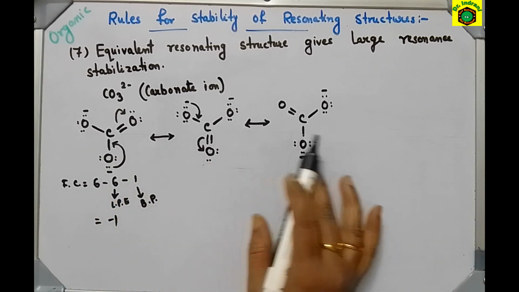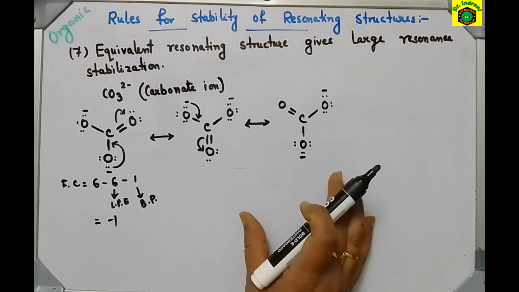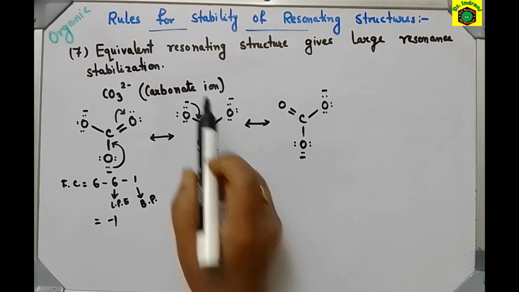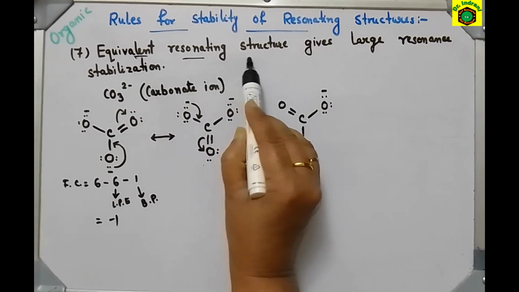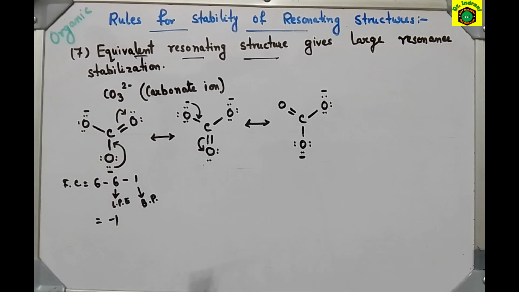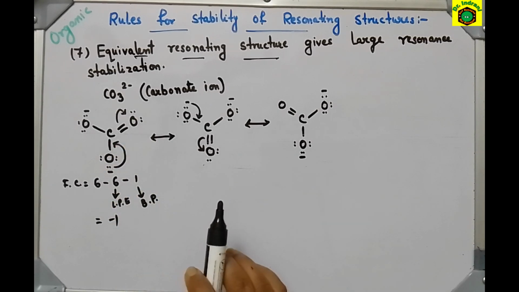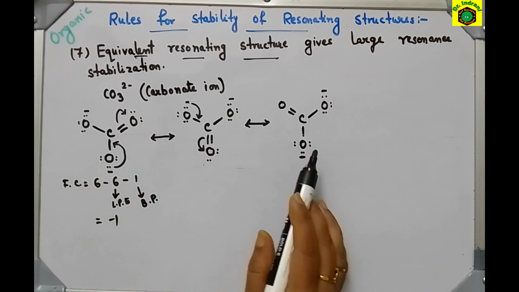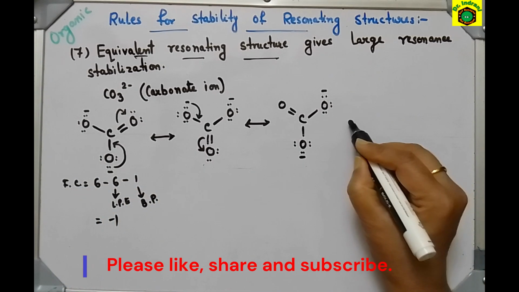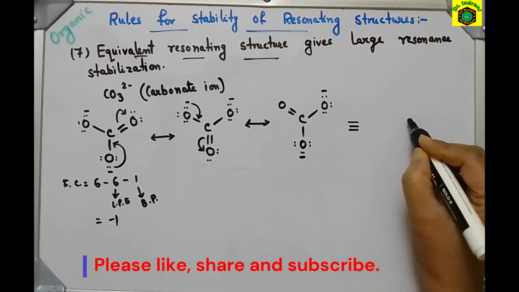So you can see these three structures are equivalent. So it is called equivalent resonating structures. If system is like that, it is having equivalent resonating structure, it gives large resonance stabilization for that species, and these have same energy. Now what is the resonance hybrid of the carbonate ion?